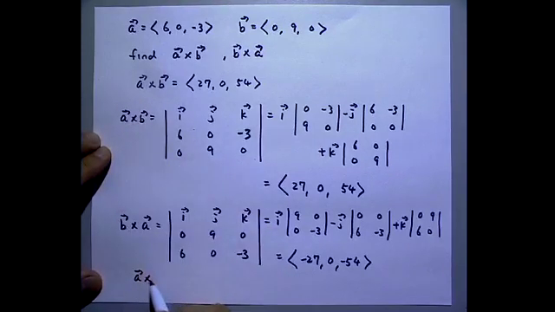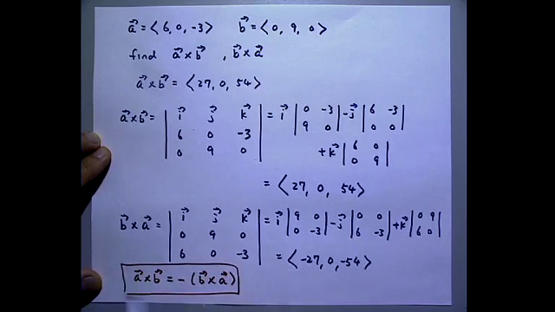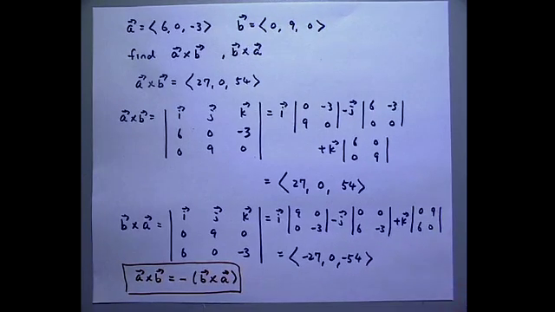A cross B is always equal to the negative of B cross A. Always. So if you reverse the order of operation, you get exactly the same set of numbers, but the sign will be changed.